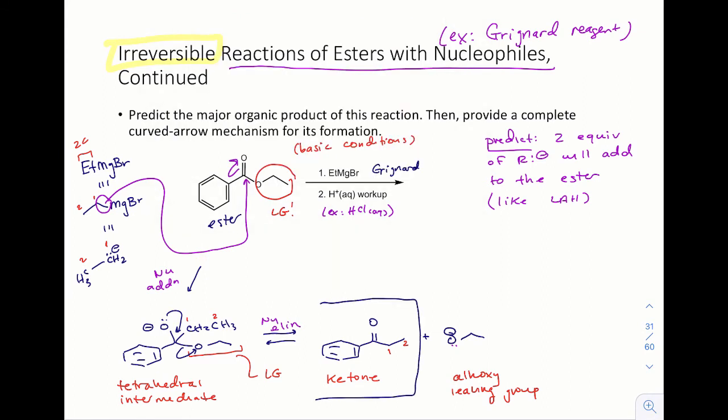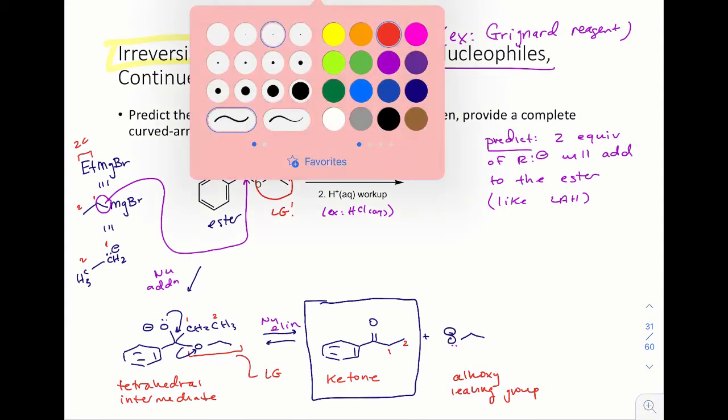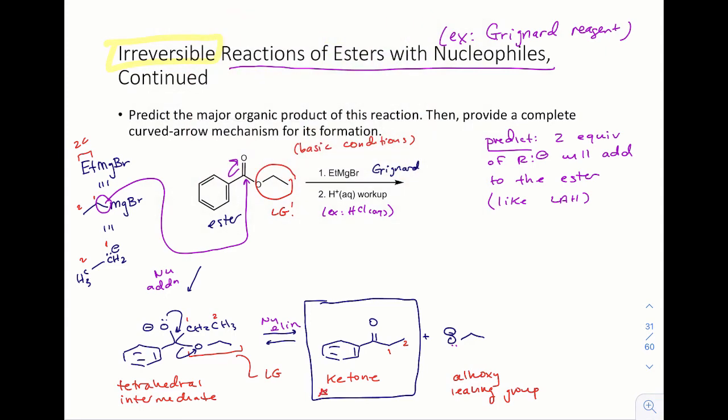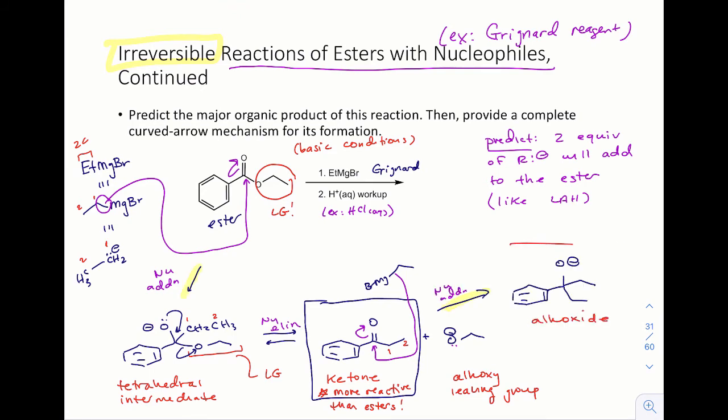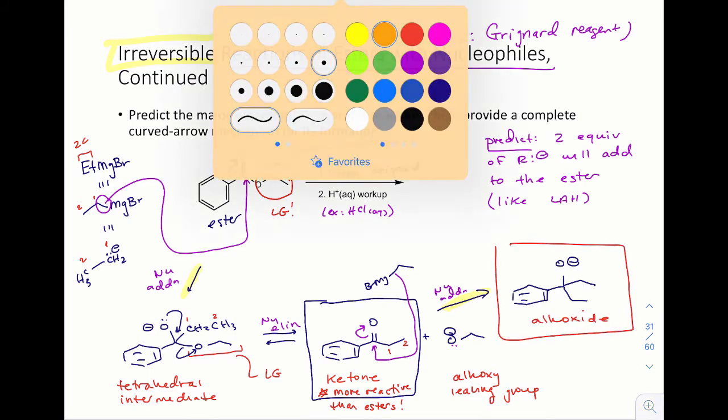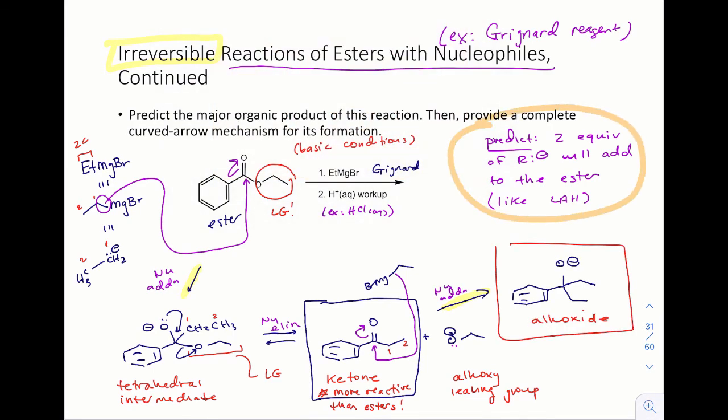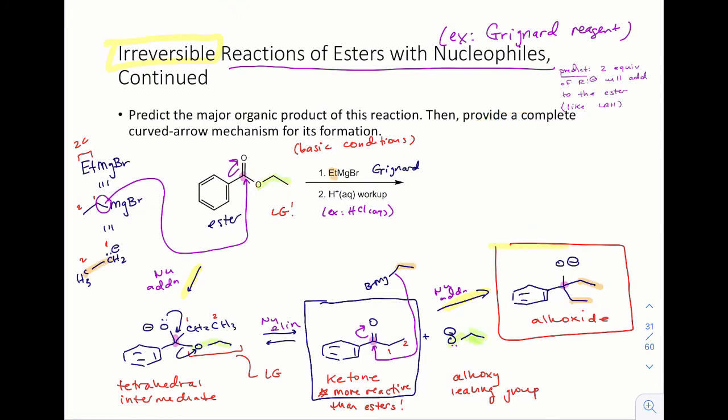Now, from this ketone intermediate, the reaction continues because, as you know, ketones are more reactive than esters. A second equivalent of the Grignard reagent adds to this ketone irreversibly to generate this alkoxide. We can see indeed two equivalents of the carbanion have added. This alkoxide is a stable intermediate and does not react anymore until the acidic aqueous workup.